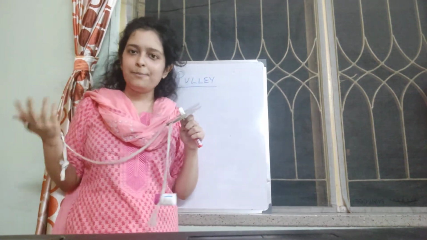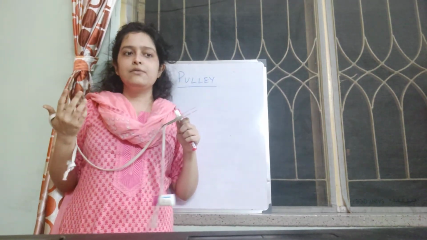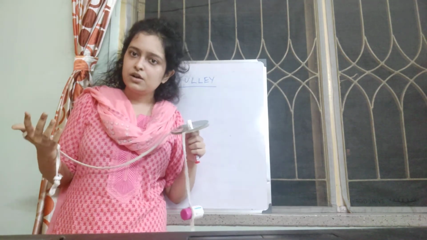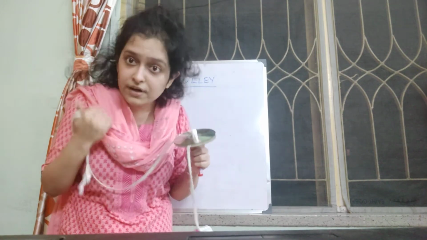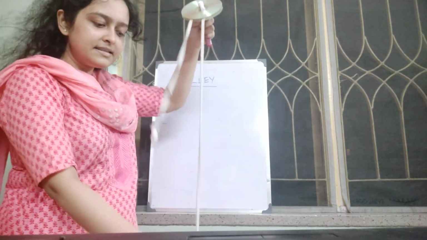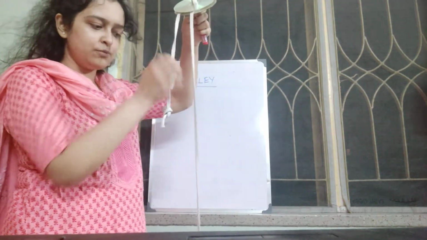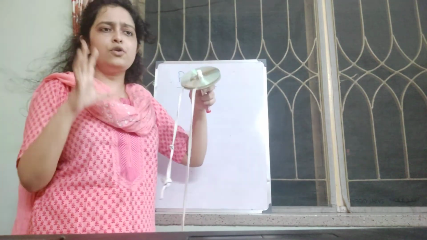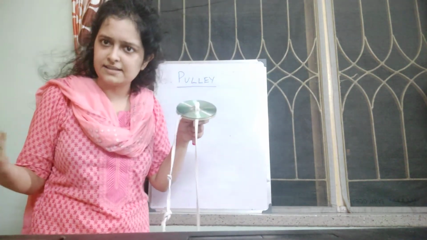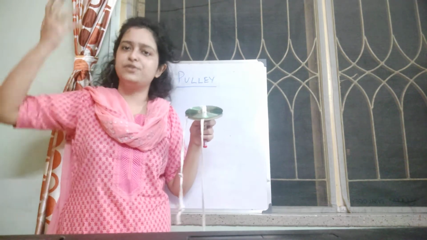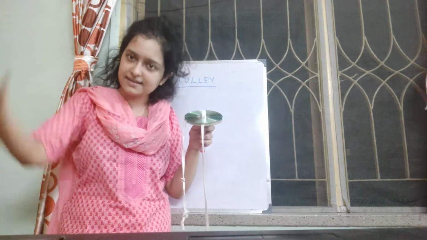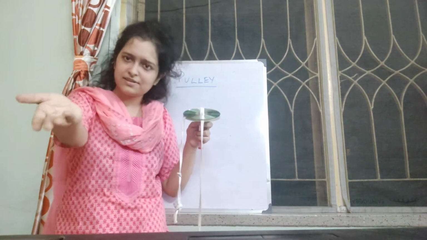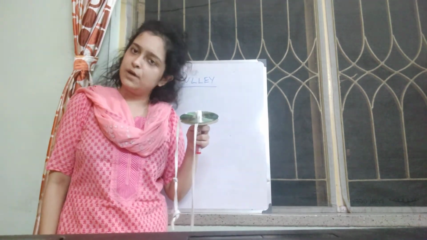This is just an example where the machine is used to change the direction of application of effort. Why are pulleys used basically? Pulleys are used to lift heavy objects easily, which is not easy with bare hands. Just take the example of drawing water from the well.